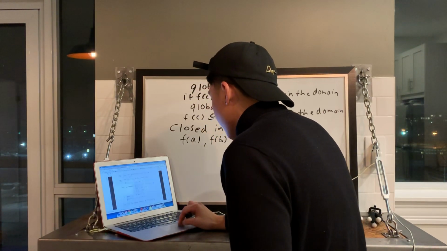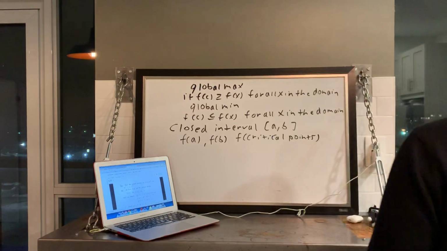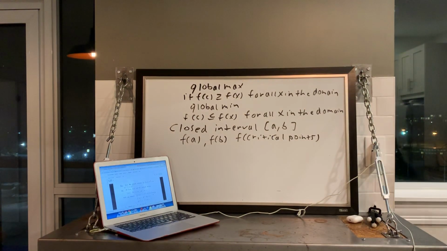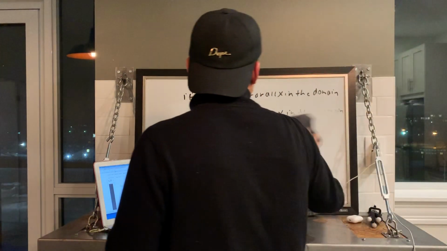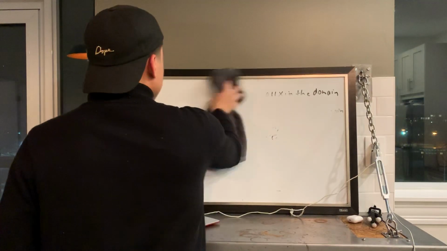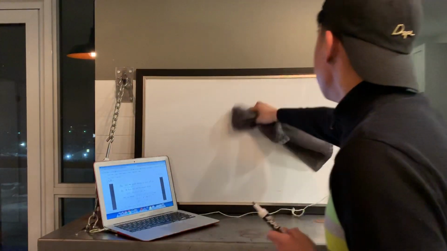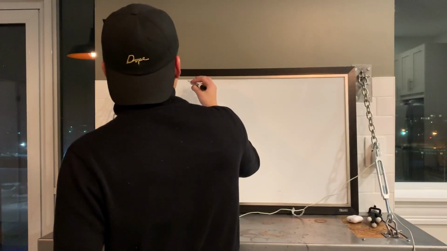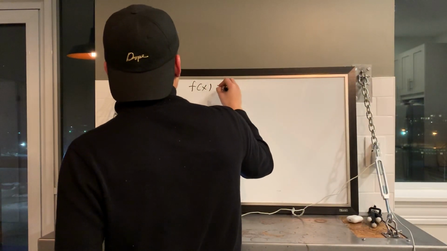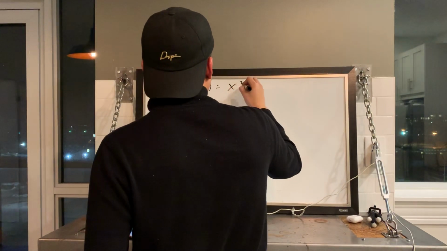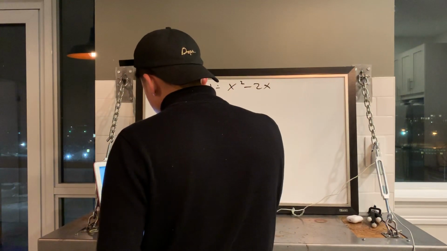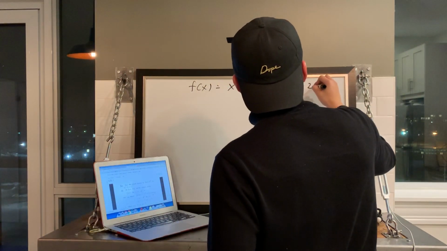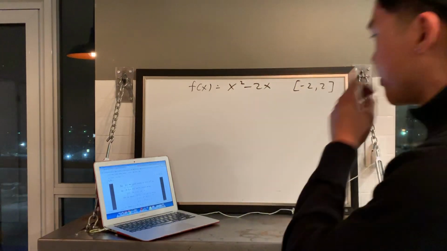So let's look at an example. If we have a parabola, f of x equals x squared minus 2x, on the interval of -2 to 2.